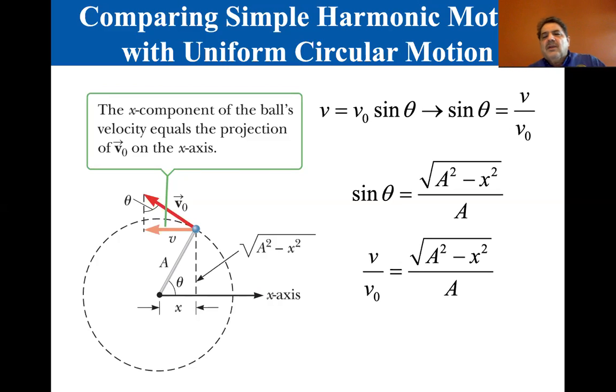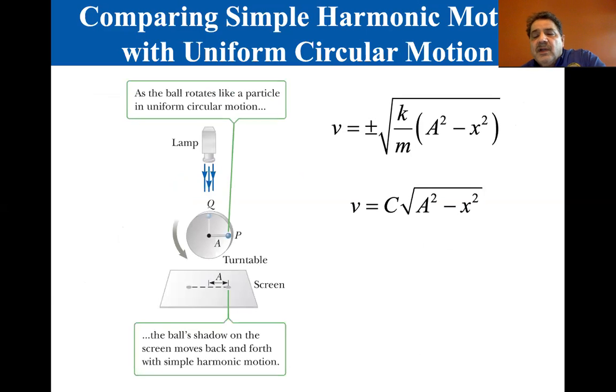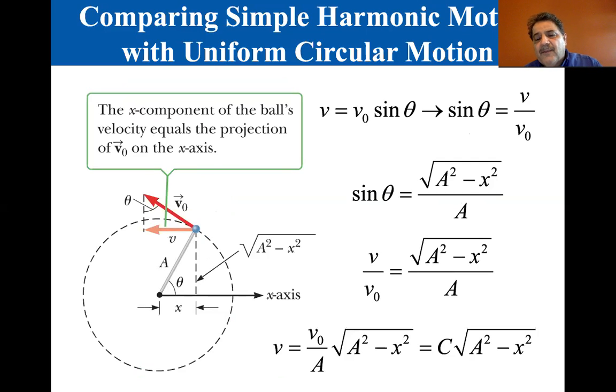I wish it wouldn't have gone through all those equations. See, in the last one, we had v equals that constant c that we pulled out. We have the same thing here. That v0 over a becomes the constant c. You can see that they're similar.